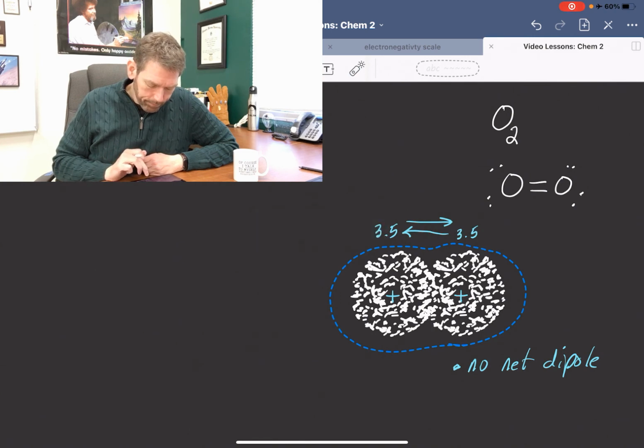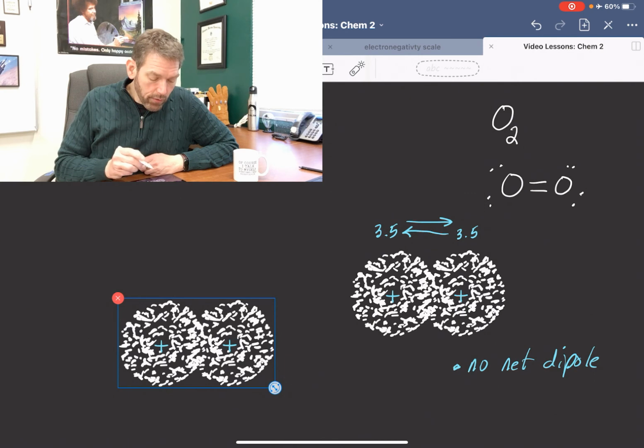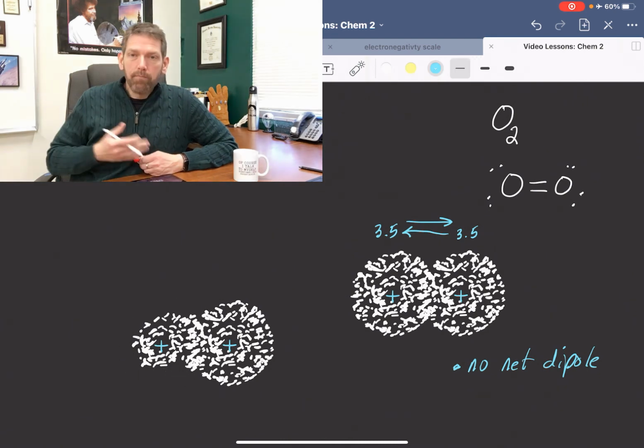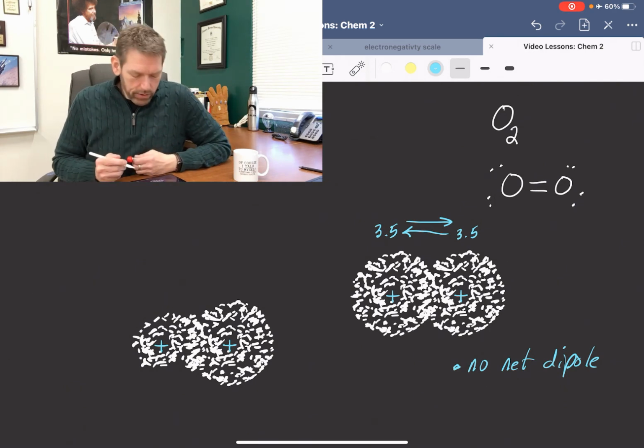Copy, paste. I can recreate it by simply removing that outer layer, that second orbital, and all of a sudden you should see, hey, that looks more like the hydrogen.